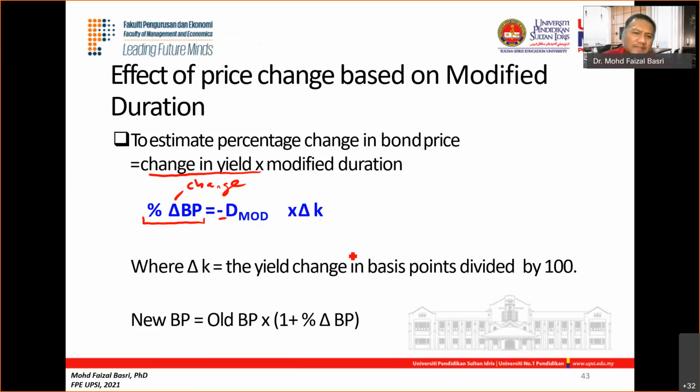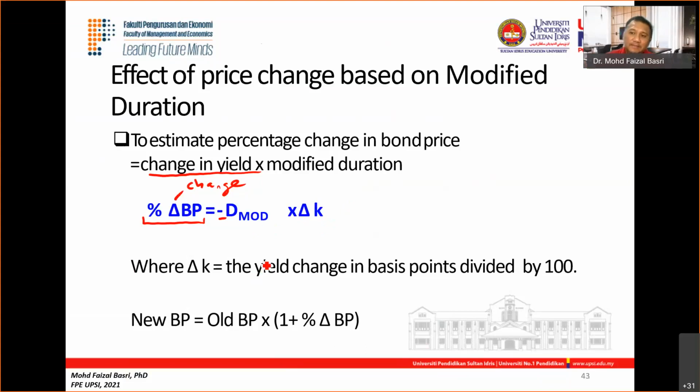First of all, why is it negative? Remember, when we talk about the yield of returns or the required rate of returns versus the bond price, the relationship is inverse. It's the opposite direction. So that's why we have a negative sign here. It means if the K increases, it will affect the price negatively, the opposite.